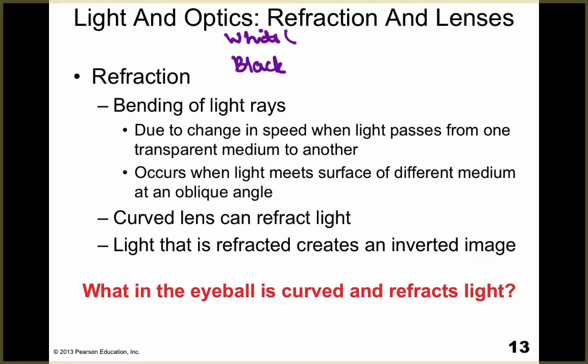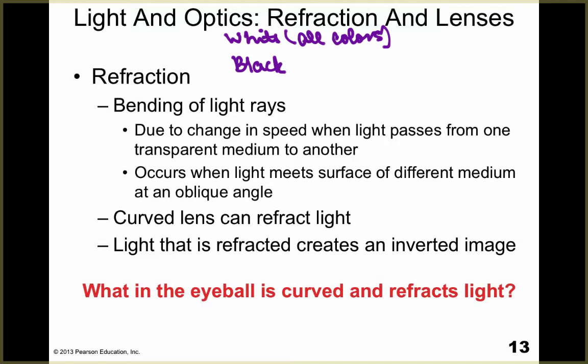White is basically all colors put together. So if I have a white shirt on, you see white because the light rays, or energy, coming from the sun hit my shirt, and it's not going to absorb any of the colors. It's all going to bounce back and go into your eye. And so that's why you see white.